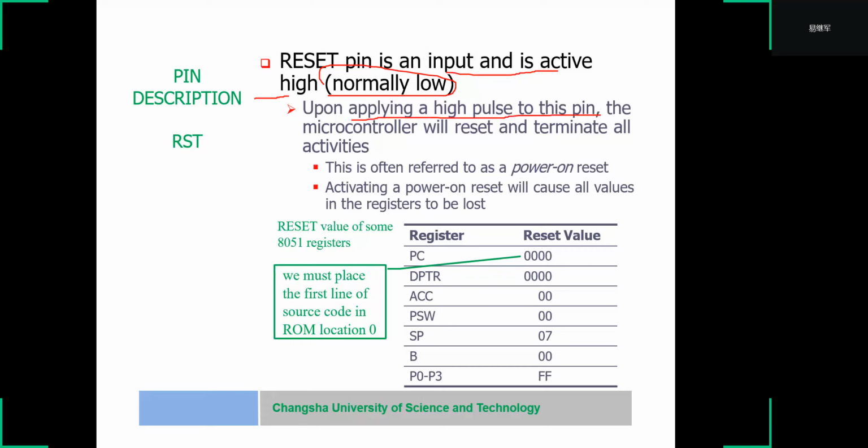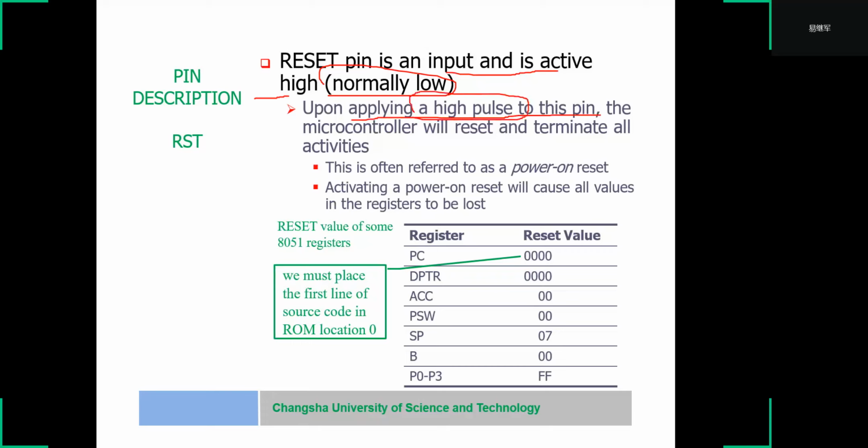This is often referred to as a power on reset. Activating a power on reset will cause all values in the registers to be lost.